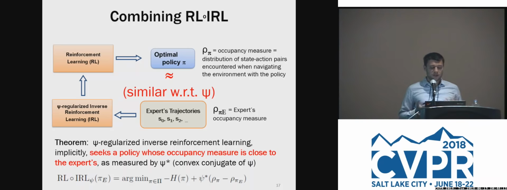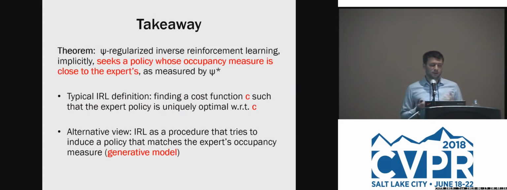So you can see that psi basically plays a very important role because it controls the way in which we measure similarity between these two probability distributions over states and actions, right? So the first takeaway message is that we typically think of inverse reinforcement learning as trying to find a cost function such that the expert is uniquely optimal with respect to that cost function.